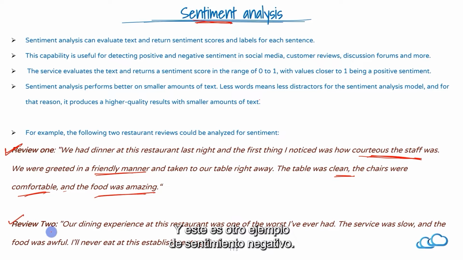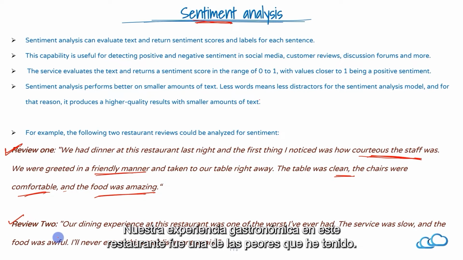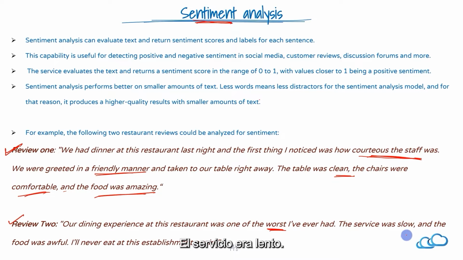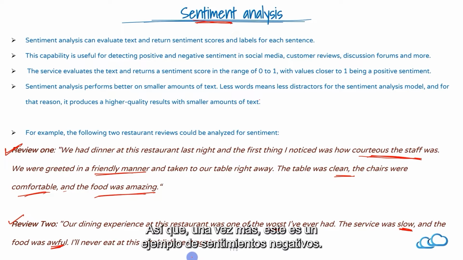And this is another example of negative sentiment. Our dining experience at this restaurant was one of the worst I have ever had. The service was slow and the food was awful. I will never eat at this establishment again. So once again, this is an example of negative sentiment.